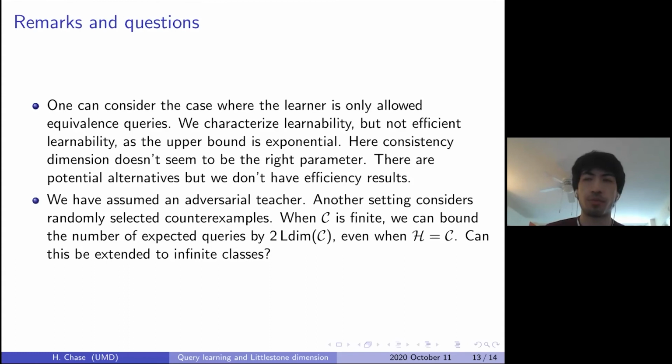There was a paper a few years ago showing that in this setting you get a bound that is basically log the size of the concept class, and we show that if you like, you can replace that log by 2 times the Littlestone dimension. And the power of random counterexamples is really that you don't have to expand the hypothesis class at all. So in this case, we show that the Littlestone dimension can still be a useful parameter.